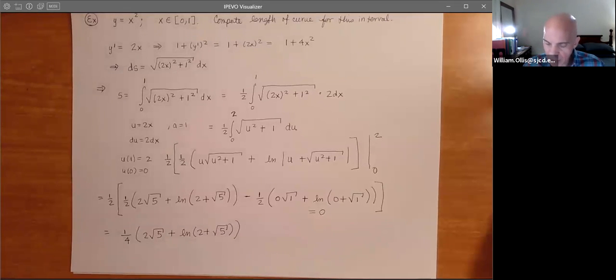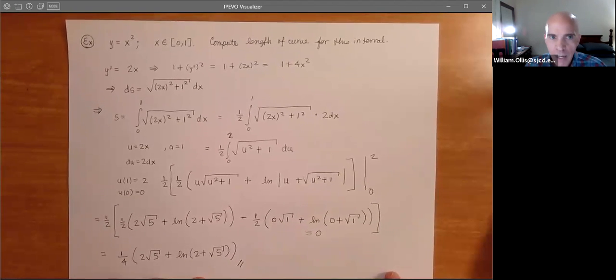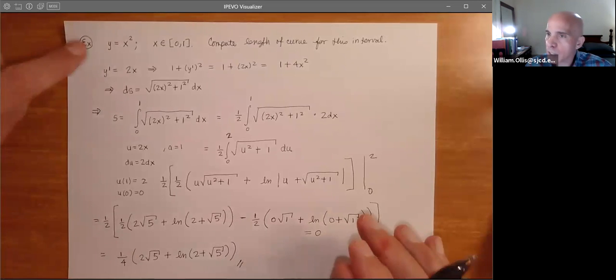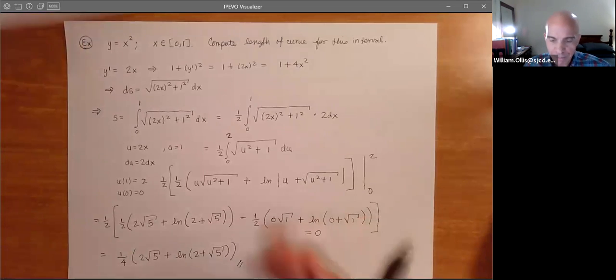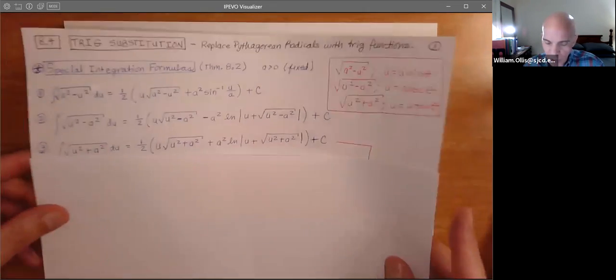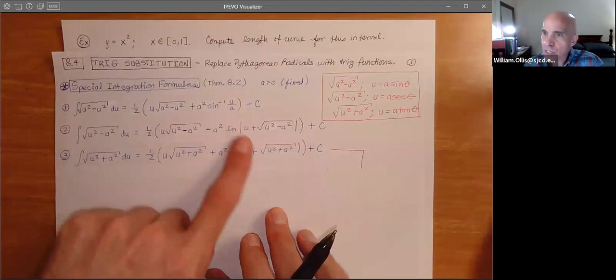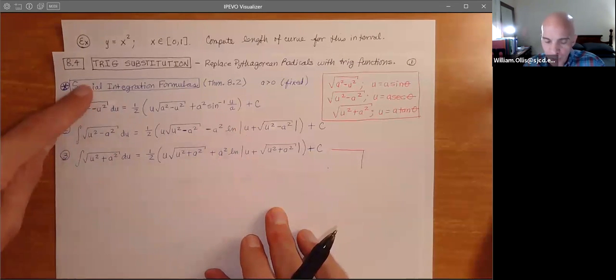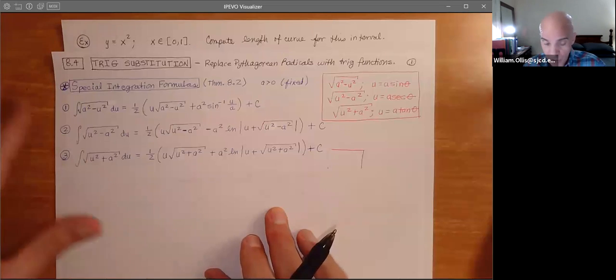Now, what we're seeing here is that this was not a trivial exercise, because we could not even have attempted to do this with the techniques we already knew. With our special integral formulas, we now have a nice way to compute integrals, which will often come up with arc length and surface area calculations.